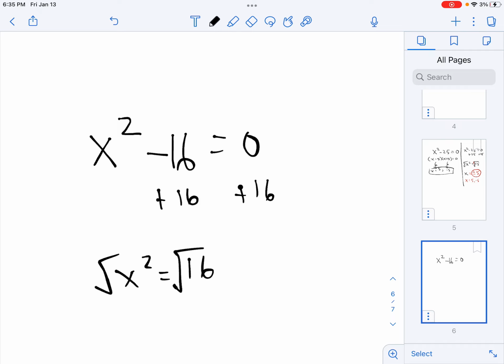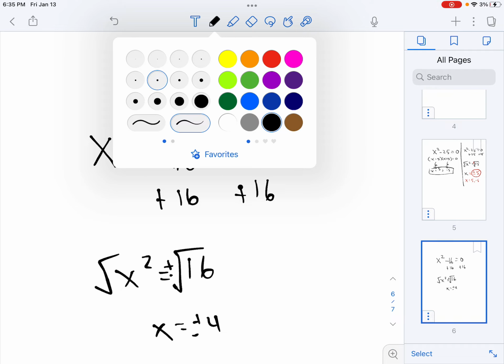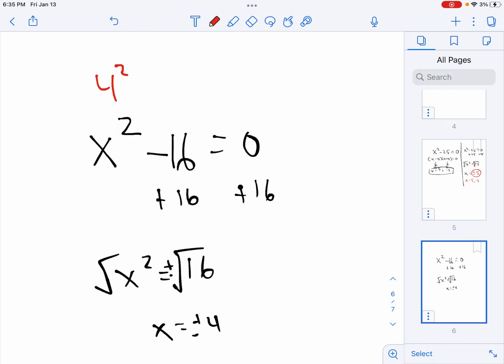Take the square root, but remember it's a plus minus. So you get x equals plus minus 4. Now every time you solve these, you can always go back to your original equation, plug in the solutions, and see if they work. Let's try this here. 4 squared minus 16 is 0, so that works. Let's try -4. -4 squared minus 16 is 0. Okay, so both of those work.